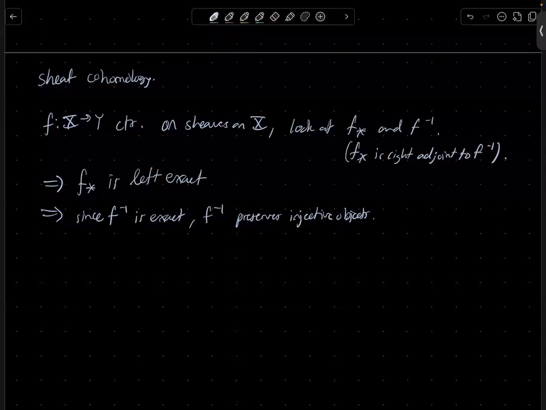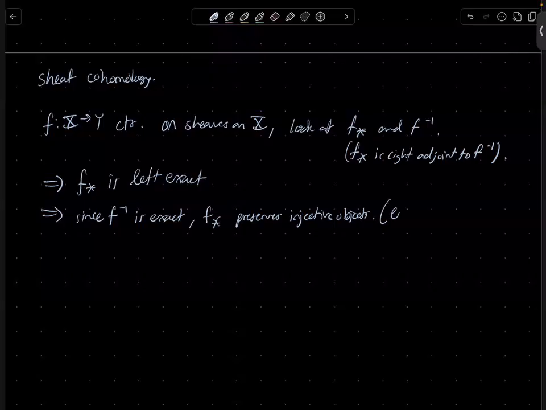So we're in the situation of the Grothendieck spectral sequence. Push forward is left exact, it also preserves injective sheaves, and there are enough injectives in the category of sheaves on X.